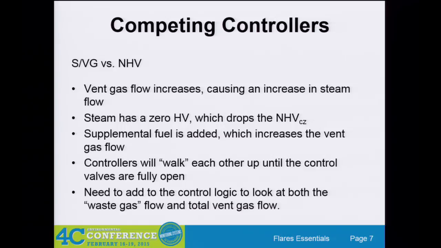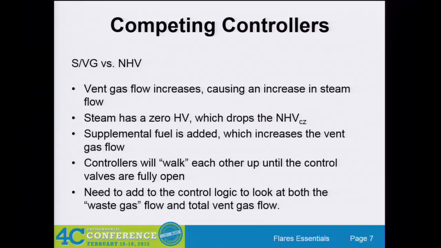But here's the situation where your vent gas flow is increasing, and you've got a ratio controller, so your steam is increasing. Well, what if it was a lower BTU gas? Suddenly your steam has increased, and you're having a poor net heating value in the combustion zone. So then they open up the supplemental fuel.